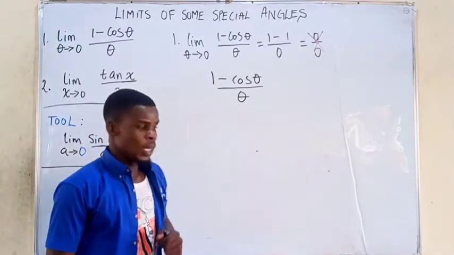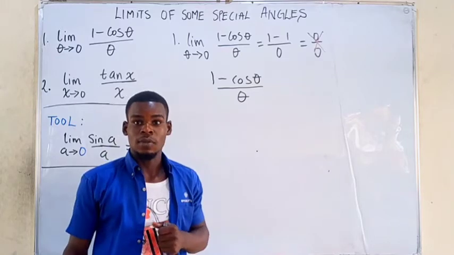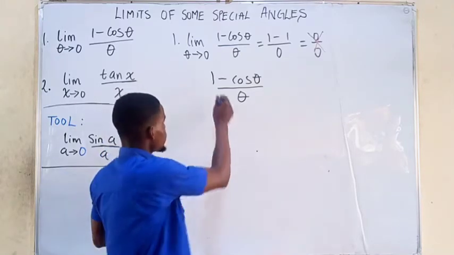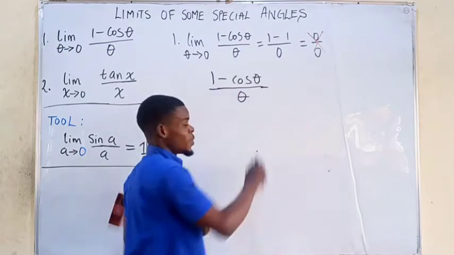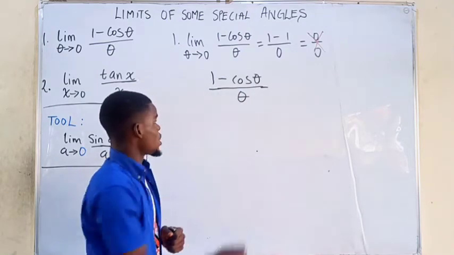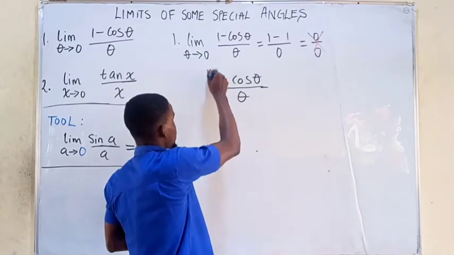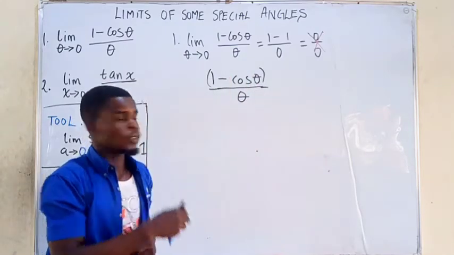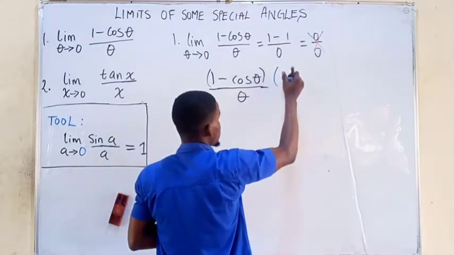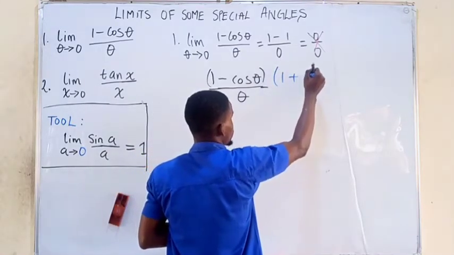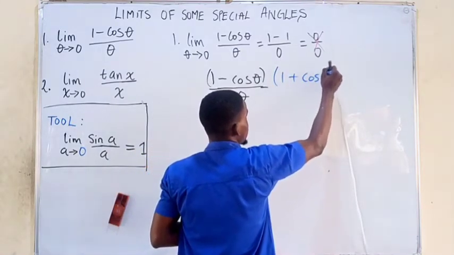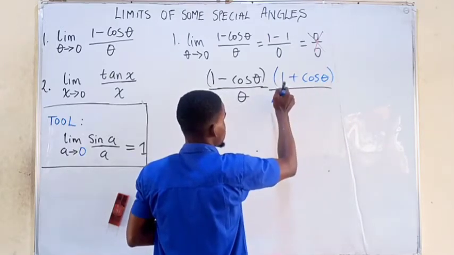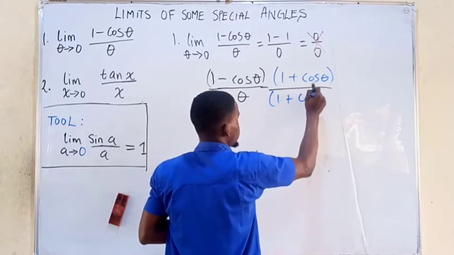What I would like to do here is to multiply the numerator and denominator of this function by the conjugate of the numerator. The conjugate is obtained by changing the sign between the two terms. Here we have negative, so I'm going to multiply with the positive version, and do that to the top and the bottom. Multiply the top by 1 plus cosine of theta, and multiply the denominator by 1 plus cosine of theta.